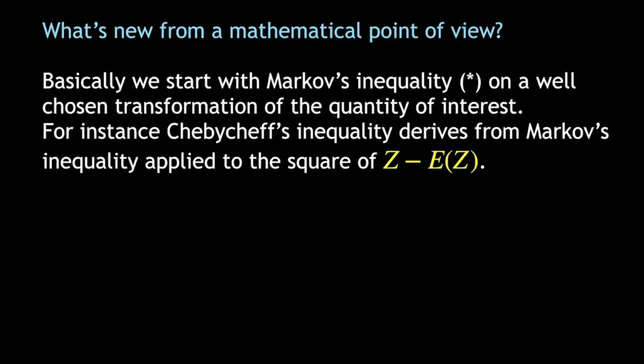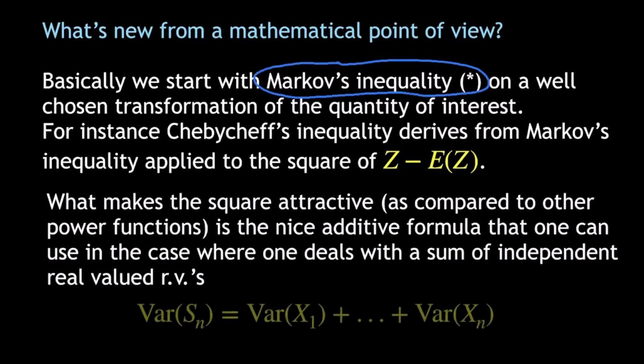So starting from zero maybe is not exactly true. We start from something which is very elementary here, but which is very important in probability, that is Markov's inequality. So the basics in some sense is Markov inequality. So you start from Markov inequality, and as you know, a simple way of using Markov inequality is to use it for the square of a centered variable, and this leads to Chebyshev's inequality.